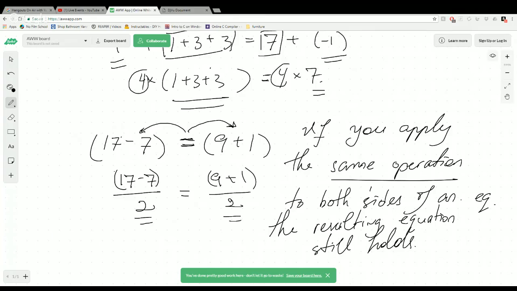So depending on your book, they'll express it using some variant of the statement, but you see the point. If your original equation is true and you do the same thing to both sides of the equation, then your results are still the same, right? Your equation still holds.